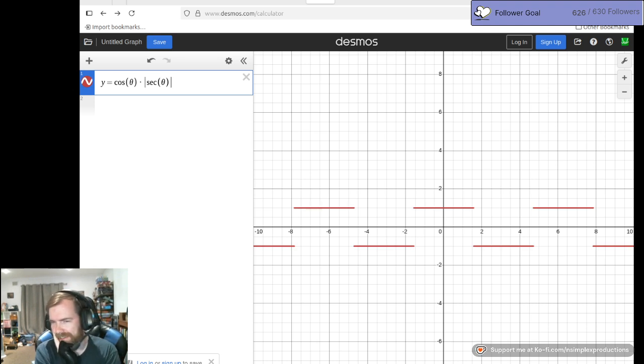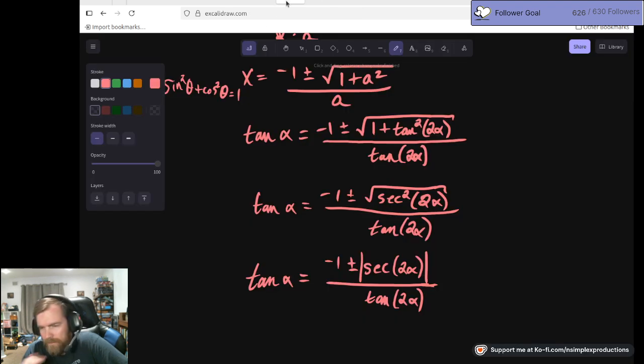Nice. We get a square wave. So we could make it in terms of cosine, but that would end up not being particularly nice.